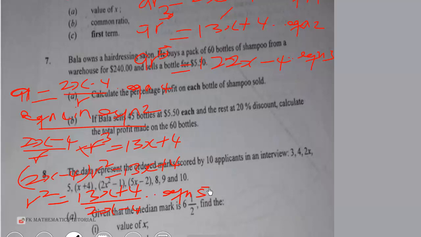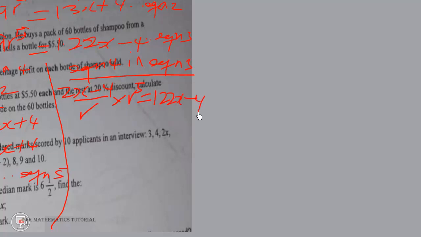Then we're going to put equation 4 again in equation 3. So equation 4 in equation 3. So that will give us 2x minus 4 over R times R exponent 5 is equal to 122x minus 4.